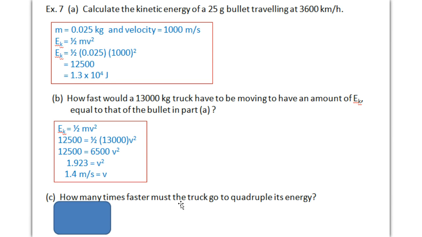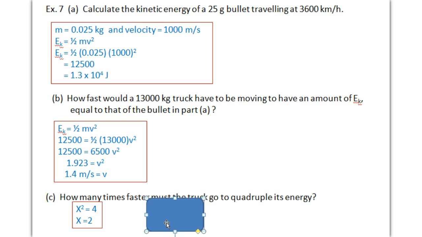And how many times faster must the truck go to quadruple its energy? Well, if we want the energy to quadruple, if the overall effect is to get it 4 times greater, remember it's a squaring factor involved here. So it'd have to go twice as big. So you would take the square root of that amount.